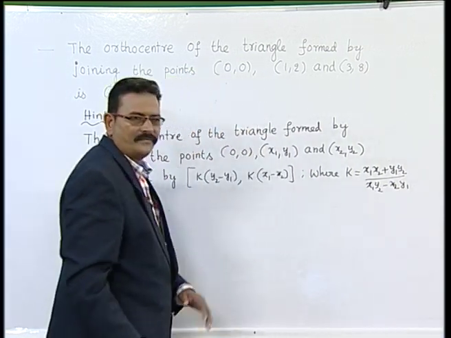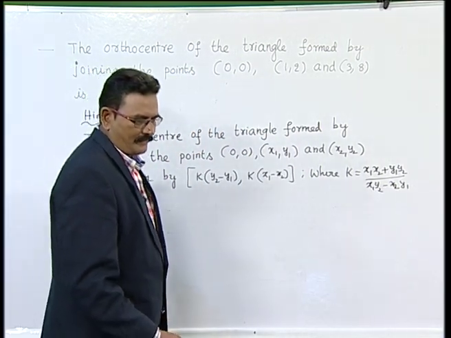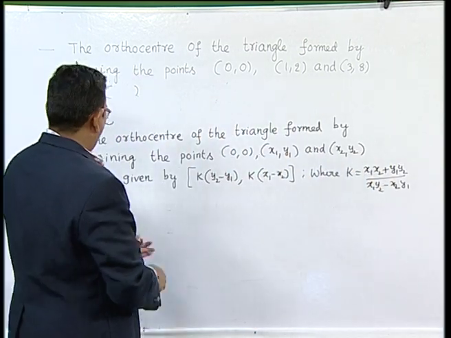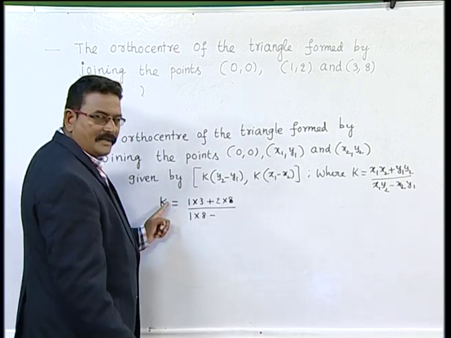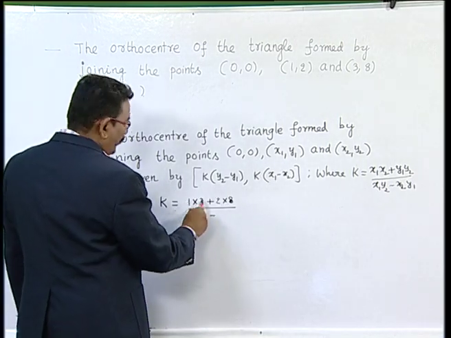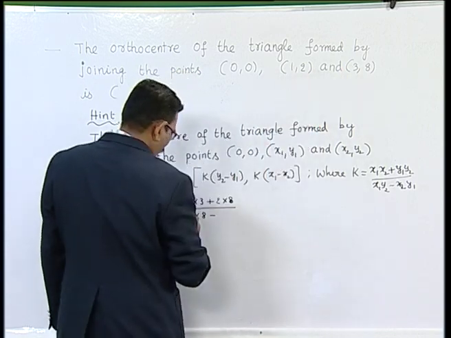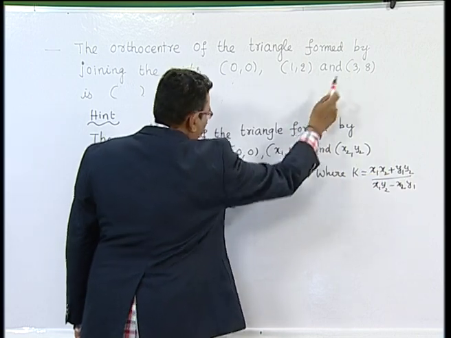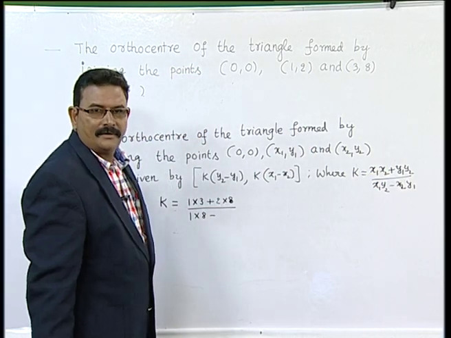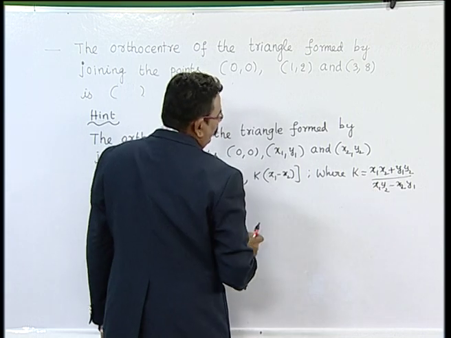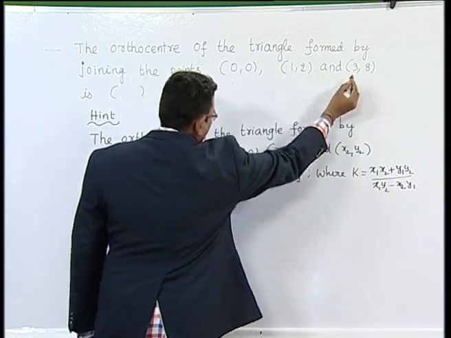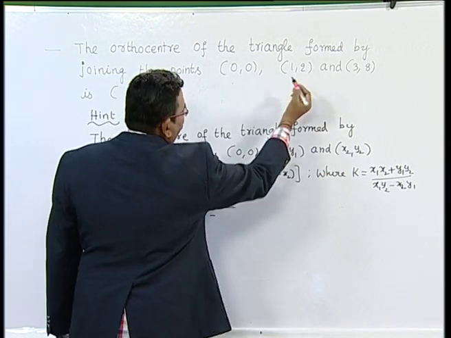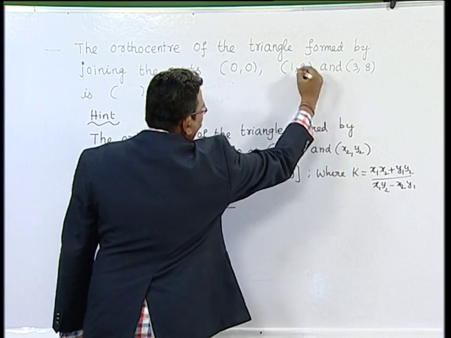Just observe. Now, k is equal to x1 x2, that is 1 into 3, plus y1 y2, that is 2 into 8, by x1 y2, that is 1 into 8, minus x2 y1, that is 3 into 2.